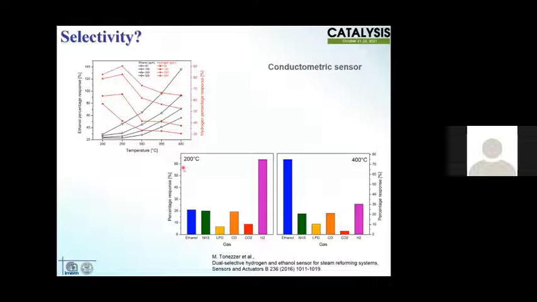This means that at low temperature, we were having a sensor selective to hydrogen, but when we were increasing the working temperature, we were having a sensor selective to ethanol. Let's say a dual selective, as you can see here, sensor.